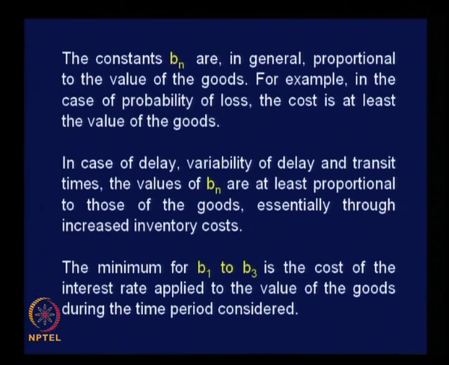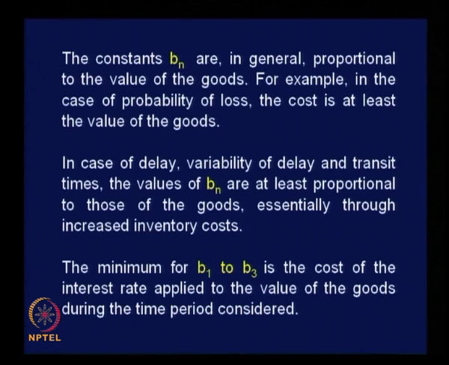What is the minimum for these coefficients? The minimum value for B1 to B3. B4, it is very clear, it should be equal to the value of the commodity. B1 to B3 is the cost of the interest rate applied to the value of the goods during the time period considered.